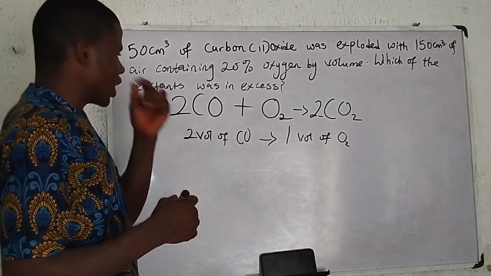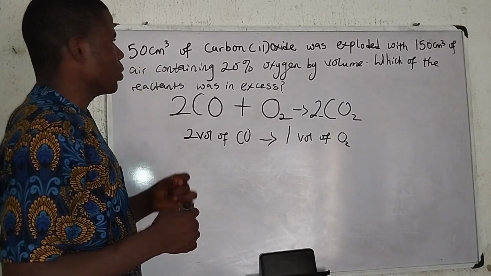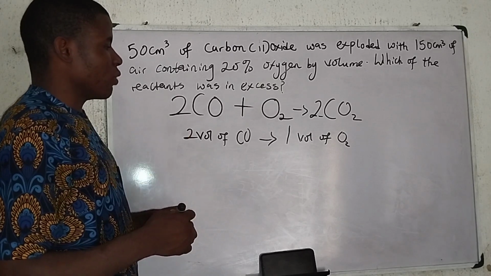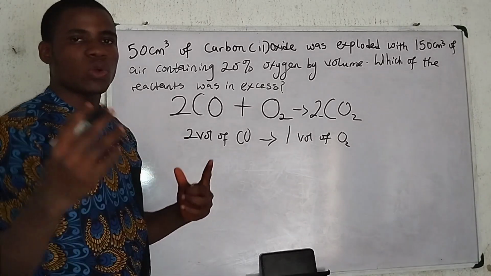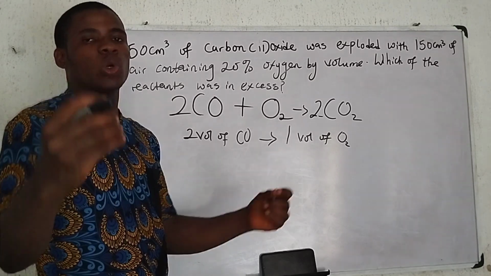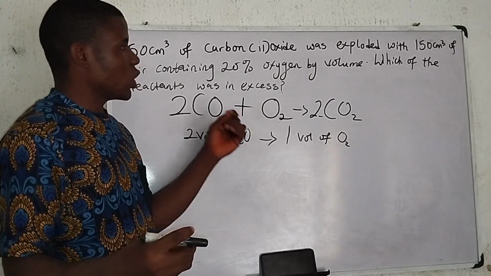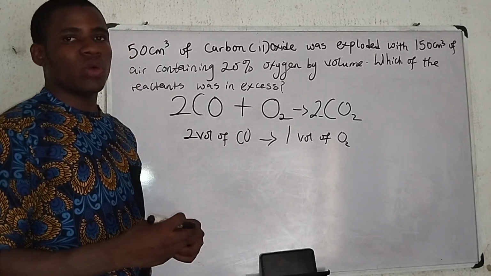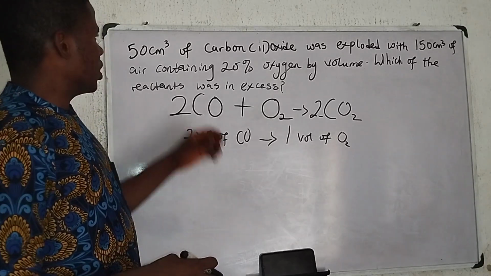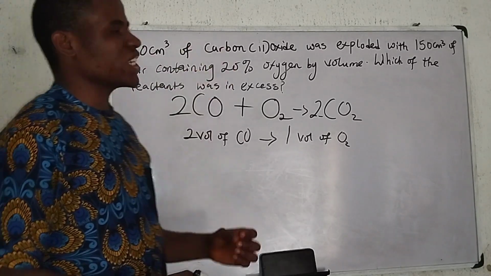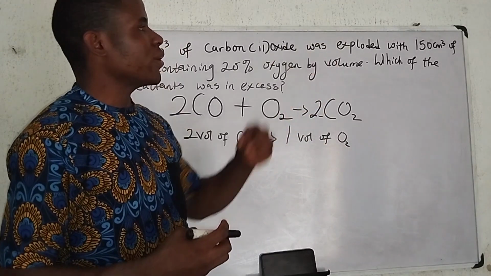In other words, we'll take it that 2 cm³ of carbon monoxide is required to react with 1 cm³ of oxygen.